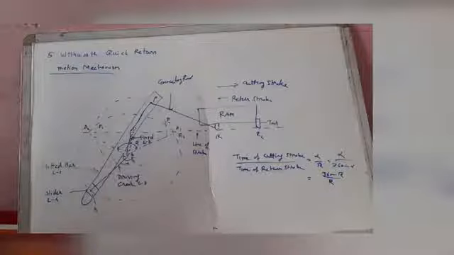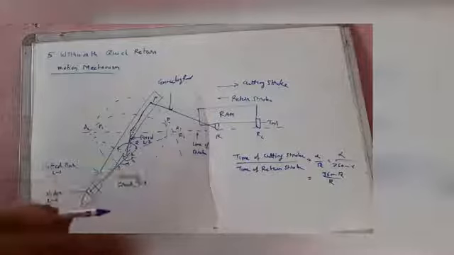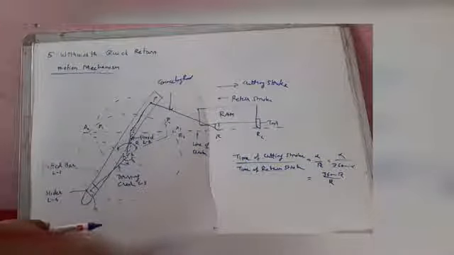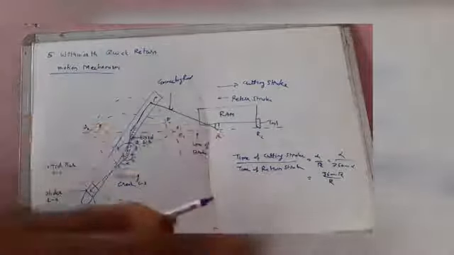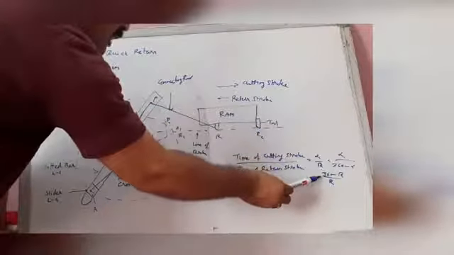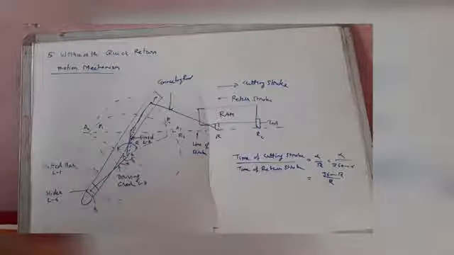In other words, the ratio of the time taken during the cutting stroke to the time taken during the return stroke is given by alpha by beta, that is alpha by (360 minus alpha), or this can be replaced by (360 minus beta) by beta. So this can be calculated.